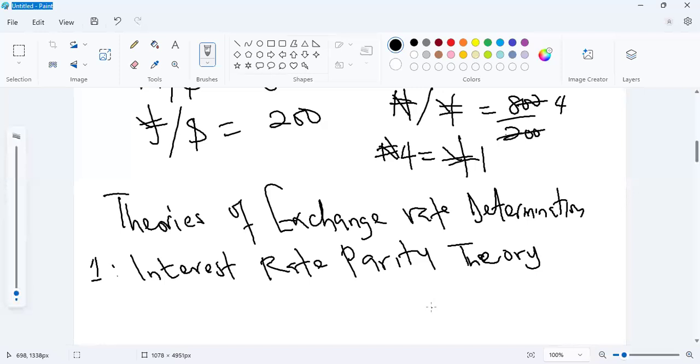So if interest rates are given for two currencies and the spot rate is available, then we can calculate forward rates.